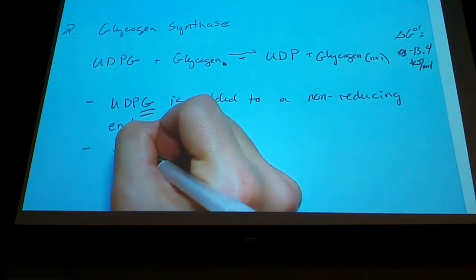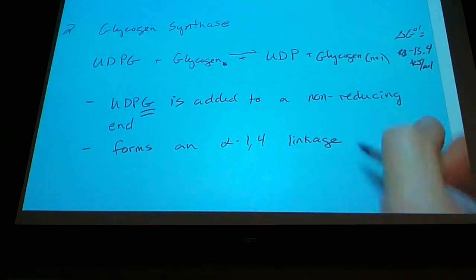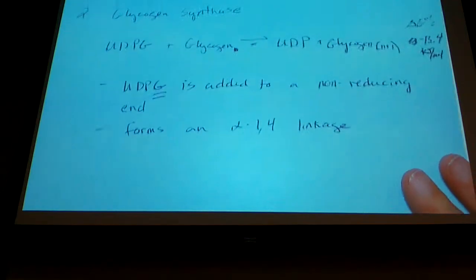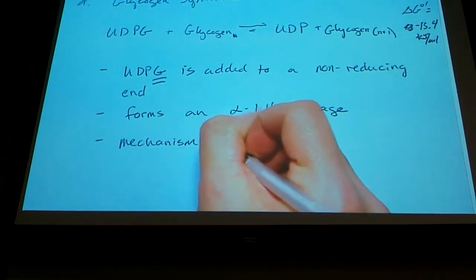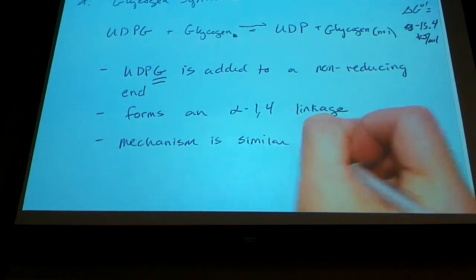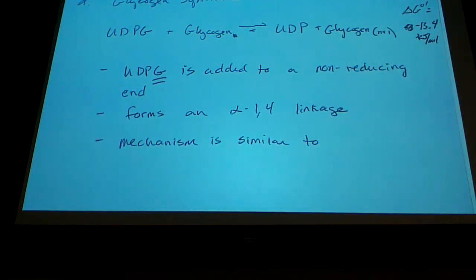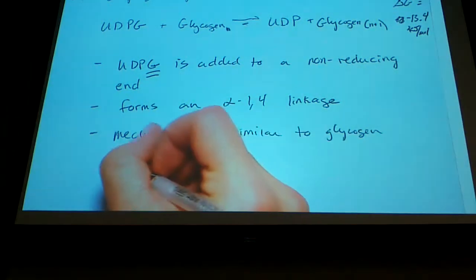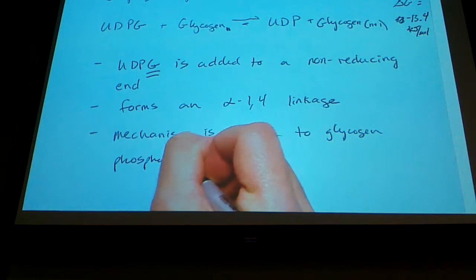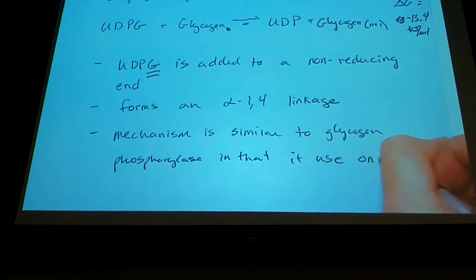And this is going to form an alpha 1,4 linkage. And the mechanism is similar to our lysozyme and similar to our glycogen phosphorylase, in that it uses an oxonium ion intermediate.